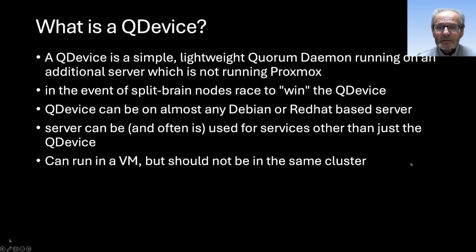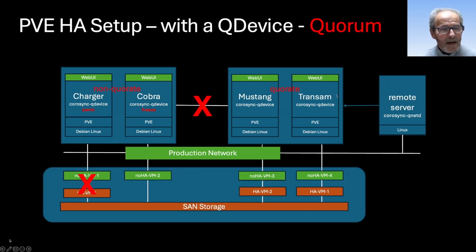Or it can run on a machine that's doing a day's work, some other type of job. So it's very simple. And what's the net result of this? Well, the net result is that we have an additional vote which can resolve our split brain situation. This remote daemon will bind to either one half or the other of the cluster, but guaranteed not to bind to both of them. So one half of the cluster will win.